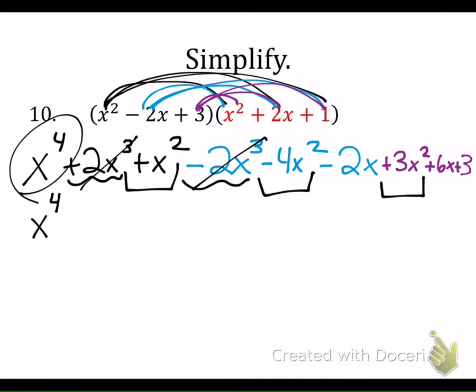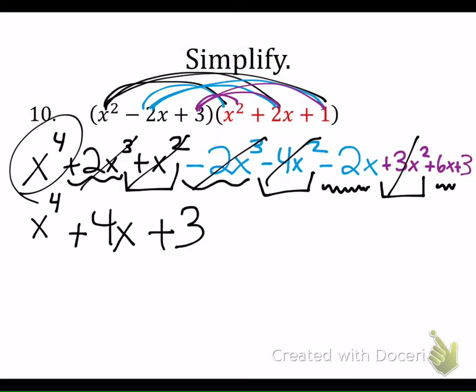So it'd be, yeah, those will be gone, right? X squared minus 4x squared would be negative 3x squared plus 3x squared. Okay, those are gone. Plus 4x. So for my x's, I have a negative 2x and a plus 6x. So plus 4x. And then just plus 3. Wow, that's kind of nice.